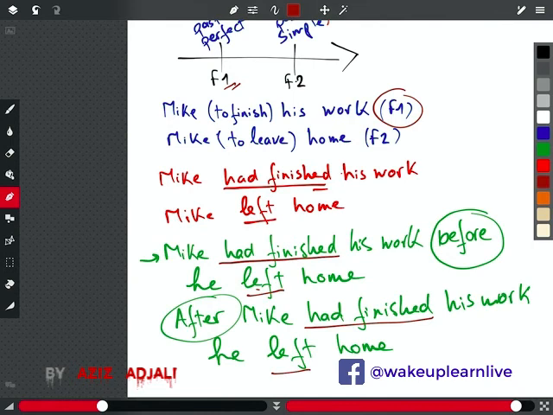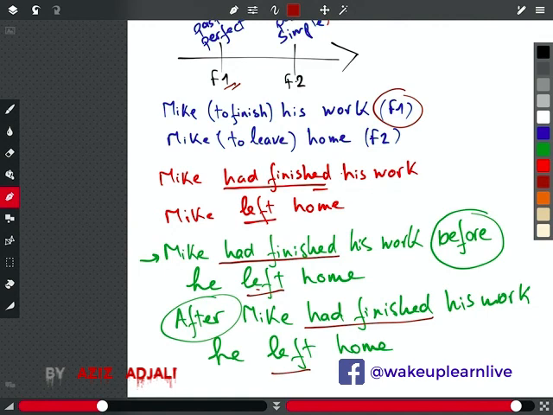So if we would like to see how to use before and after, we see here before he left home, it is attached together. So if I would like to change the place and they tell me to start with before, I will say before Mike left home, he had finished his work. So always before is attached to he left home.